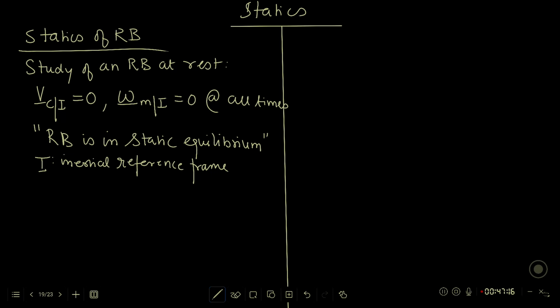And I'm saying that frame also has to be inertial. Then only we say that there are necessary and sufficient conditions for an RB to be in static equilibrium.